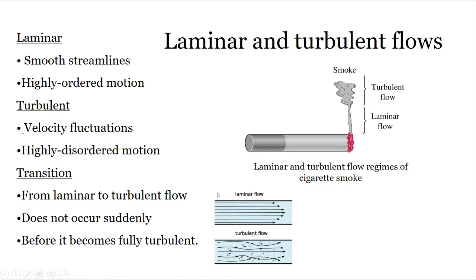You can see in this figure that laminar flow has highly ordered motion while turbulent flow has highly disordered motion. You can also see the laminar flow and turbulent flow in this figure. The laminar flow is the early part of the smoke coming from the cigarette, and the turbulent flow is the later part of the smoke.